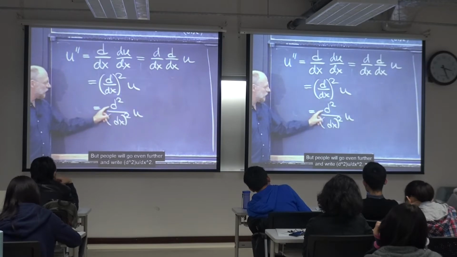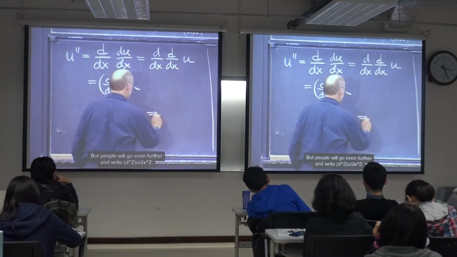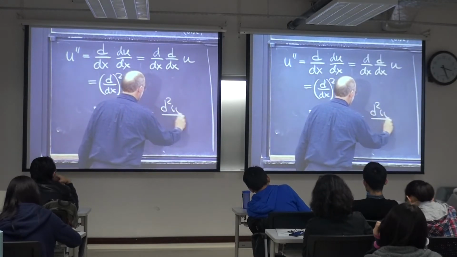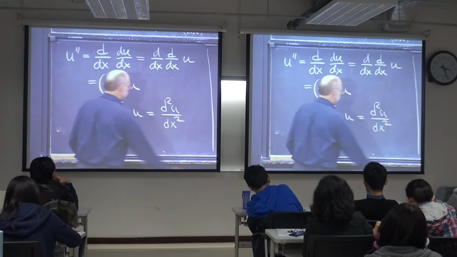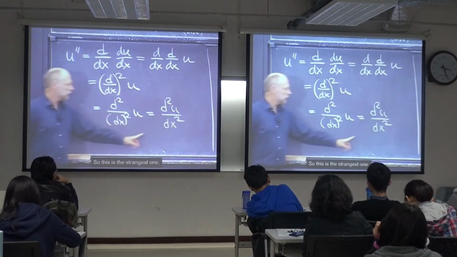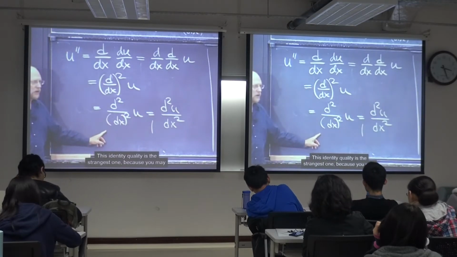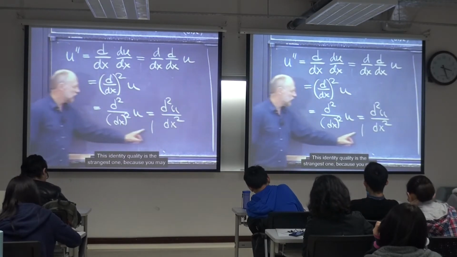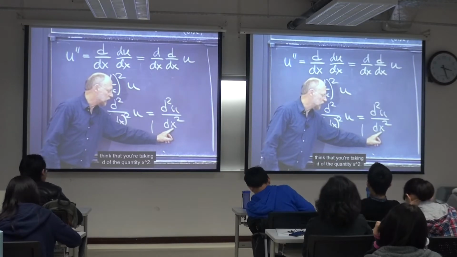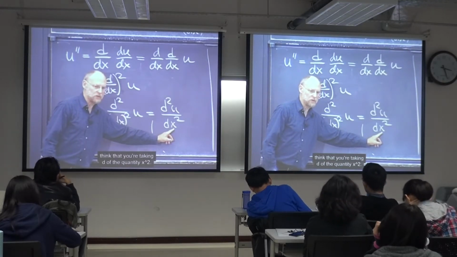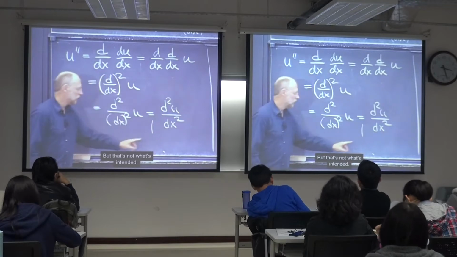And then people will go even further and write d squared u divided by dx squared. So this is the strangest one, because you may think that you're taking d of the quantity x squared, but that's not what's intended.